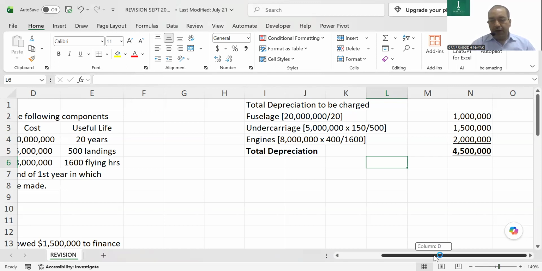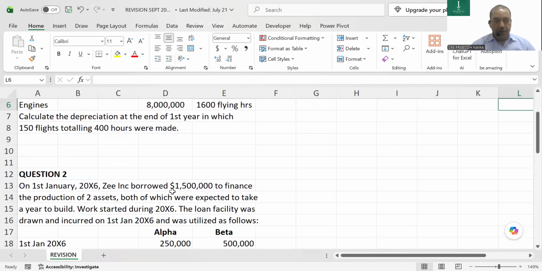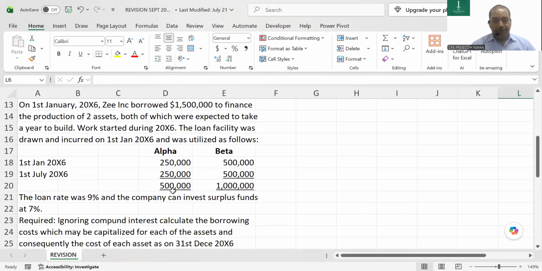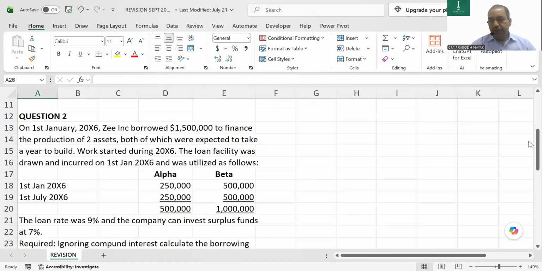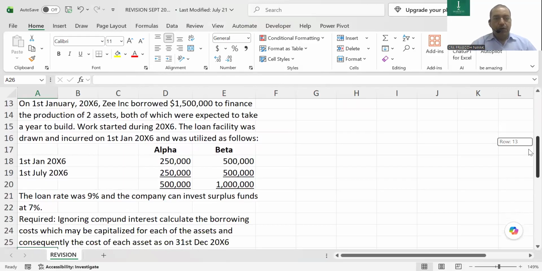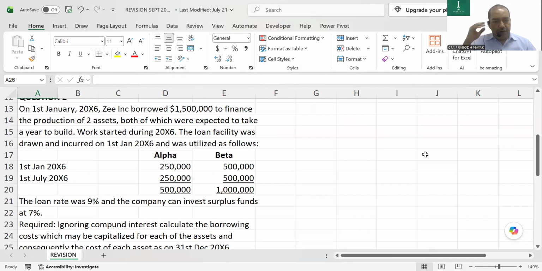Let us take another example. We have question number 2 here. On 1st January 2086, Z Incorporation borrowed $1.5 million to finance the production of 2 assets, both of which were expected to take a year to build.